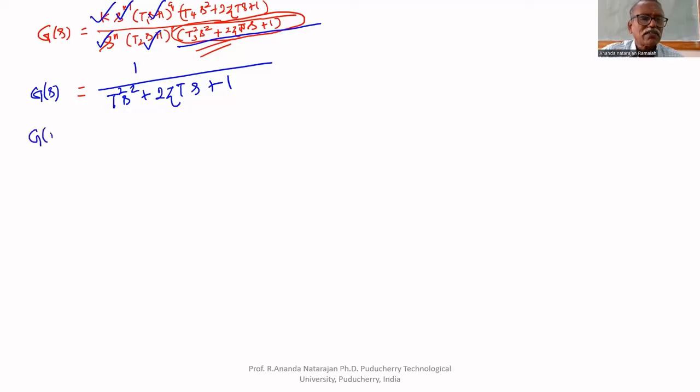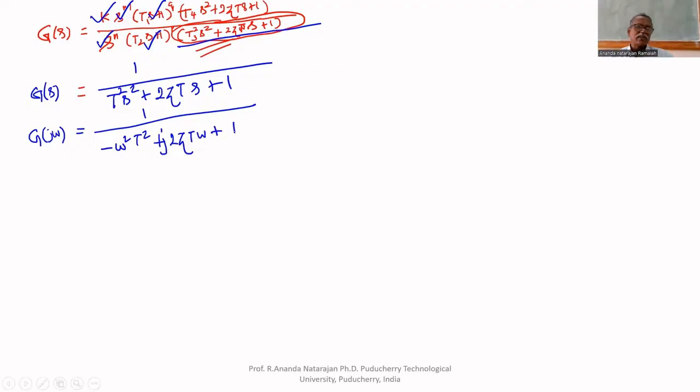If you convert this into sinusoidal transfer function, replacing s by j omega, what will you get? Minus omega square tau square plus j 2 zeta tau omega plus 1. What is the modulus of G of j omega?